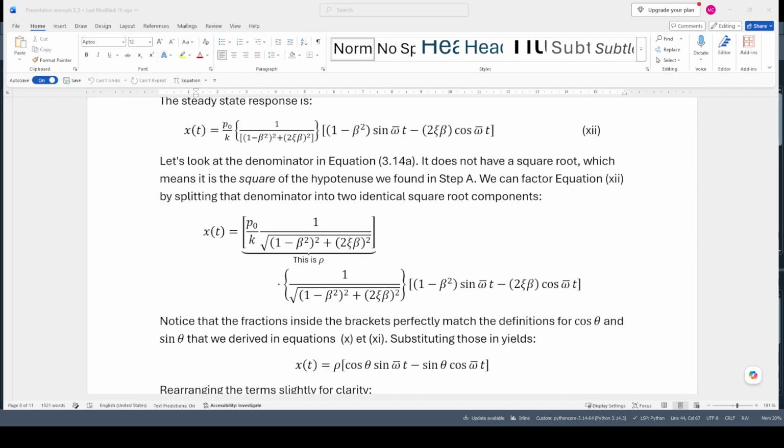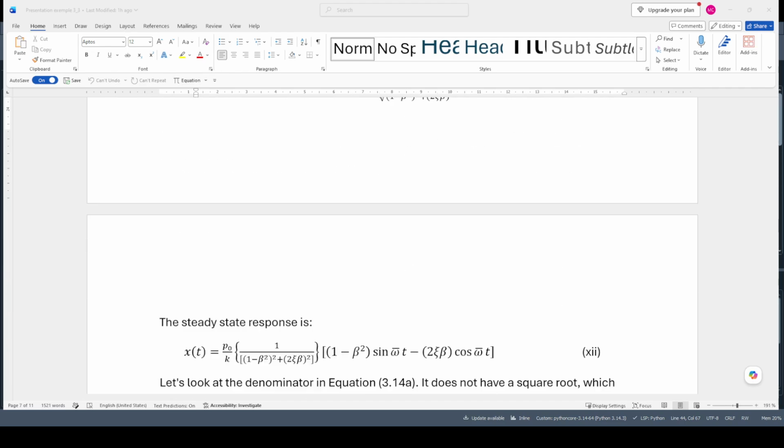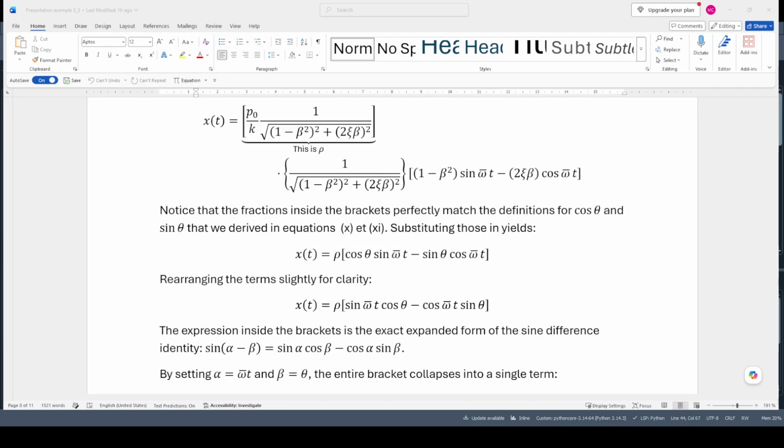We can factor the equation in this way. So x(t) is equal to this quantity where rho is, remember, equation 9, times this other quantity.